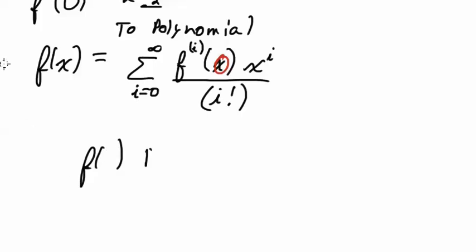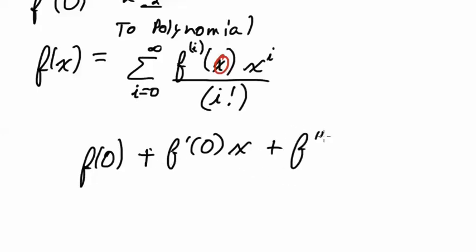F of 0 plus f prime of 0 x. 1 factorial is 1, so I don't need to write that. And then f double prime of 0 times x squared over 2 factorial, which is just 2.